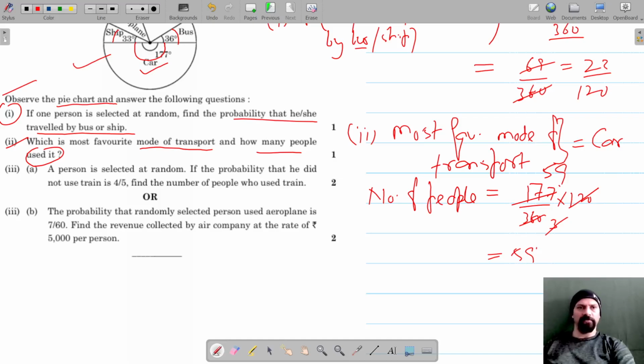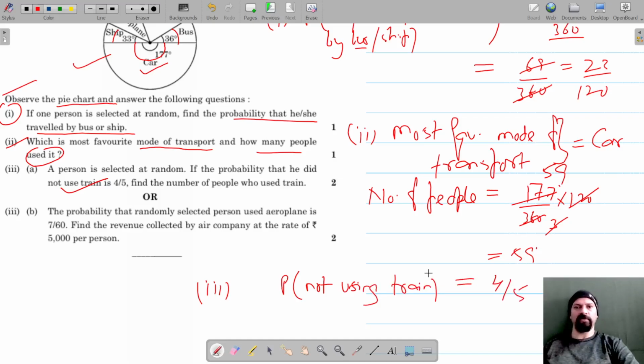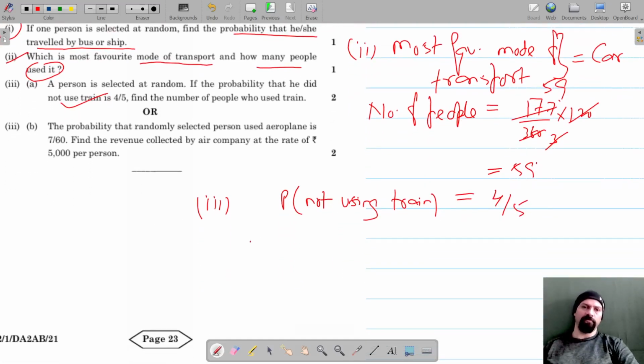And for the third one, a person is selected at random, and the probability that he did not use the train is given. So the probability of not using train is equal to 4 by 5, and we have to find the probability of using the train.